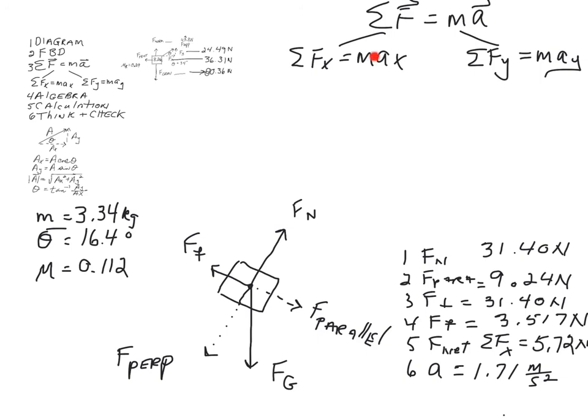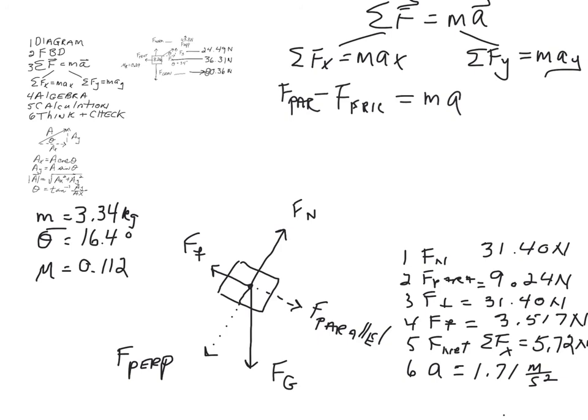So the net force then, I didn't write this out, is going to be F parallel minus F fric, and that's equal to ma. So this is F parallel minus F fric is the net force.